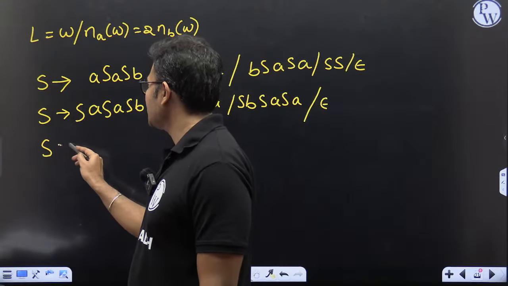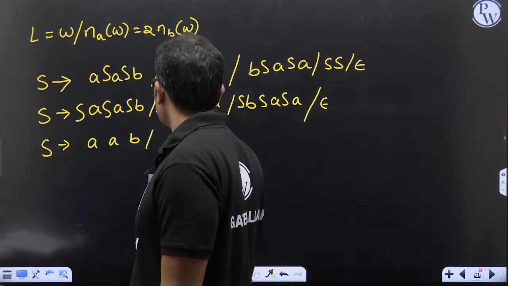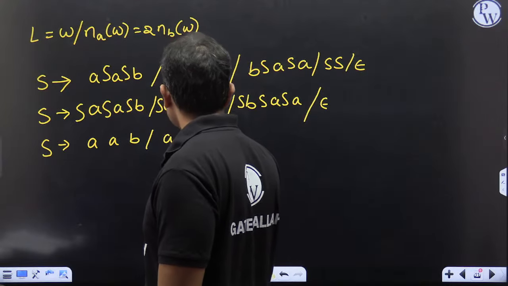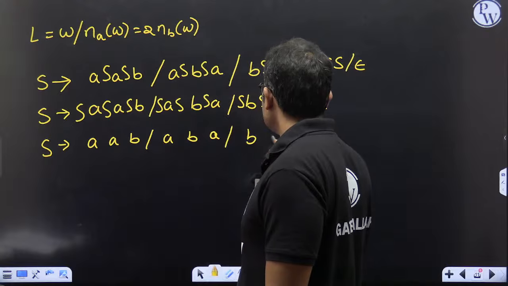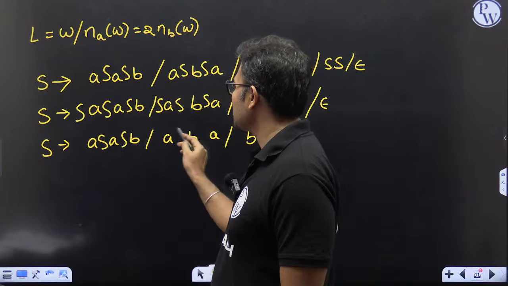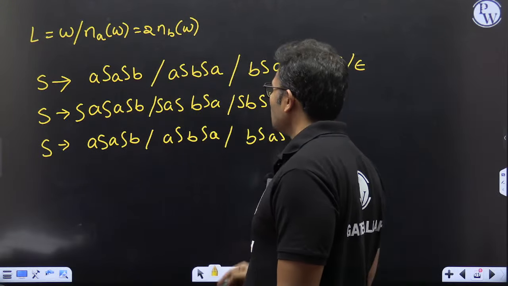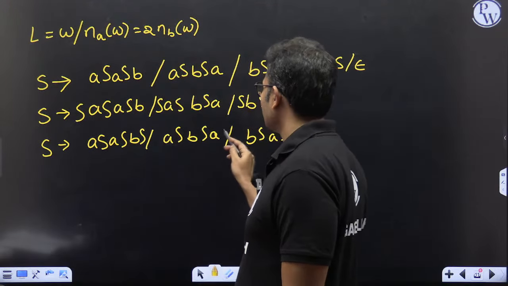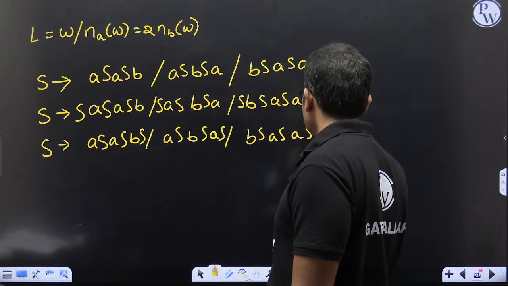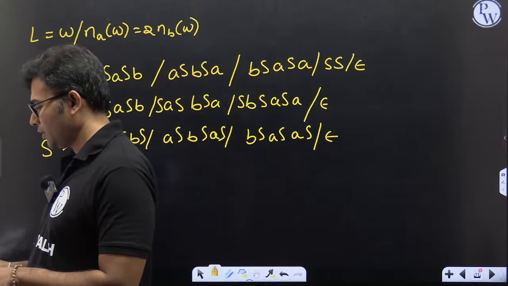Otherwise, S derives AAB or ABA or BAA, and in between you put S, and then you put an S at the ending, and you can write epsilon. You can write epsilon, right?